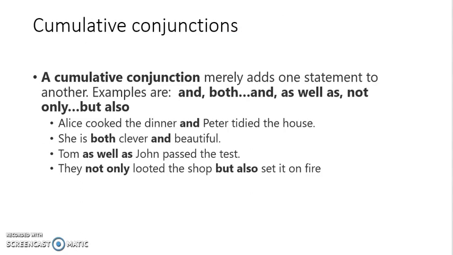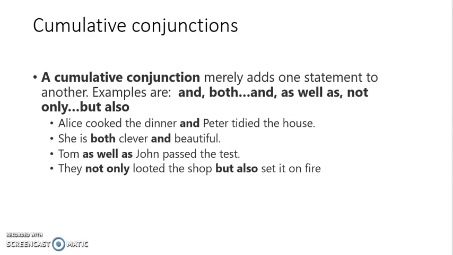So what is a cumulative conjunction? Cumulative conjunctions are used to add one statement to another. You are accumulating, adding one after the other, so that you are making a big or complex sentence. But every clause or sentence is independent.